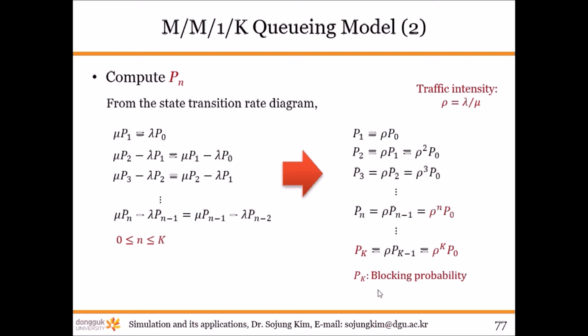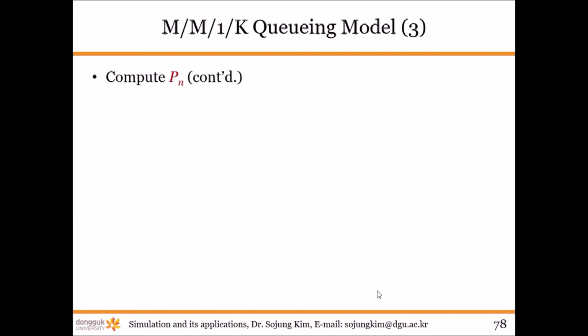In other words, whenever an incoming customer looks at the system and it is in state k, the customer has to leave without entering the system. From the customer's point of view, it has been blocked by the system. That's why it's also known as the blocking probability.